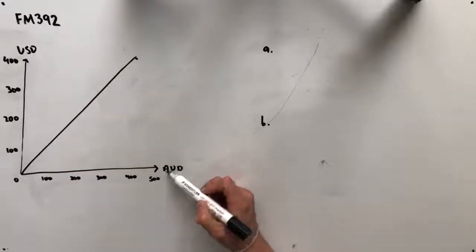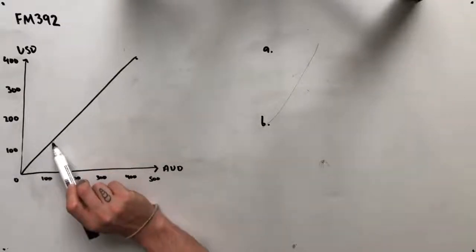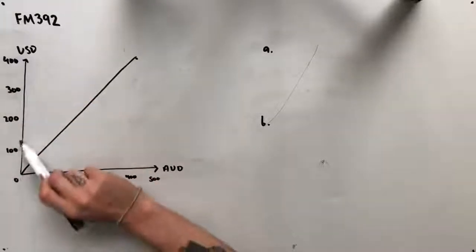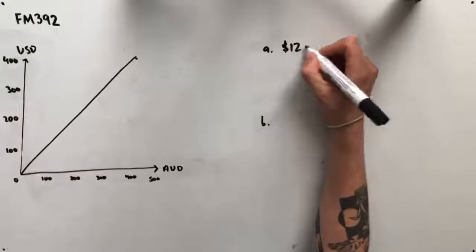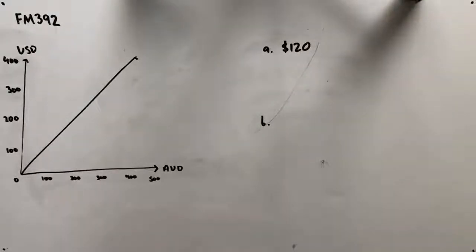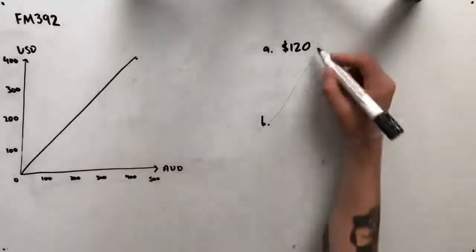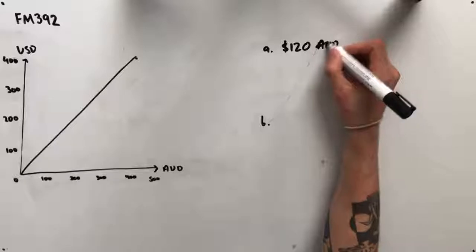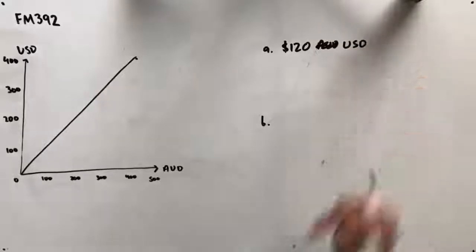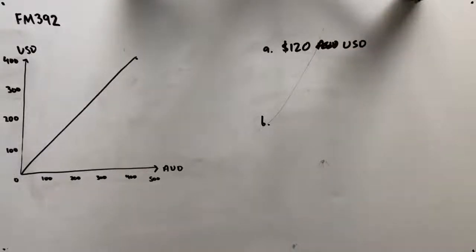So we're going from Australian dollars, 150 Australian dollars, up to the line and then left over to the US dollars, which should come out showing you 120 US dollars. We could be specific like that, but since the question has already asked us how many US dollars, we will assume that 120 is going to be in that form, the US dollars that is.